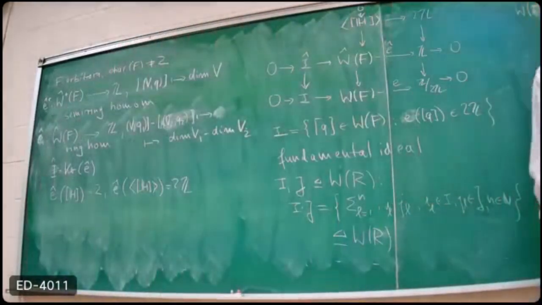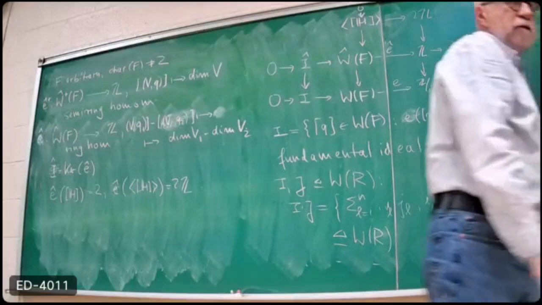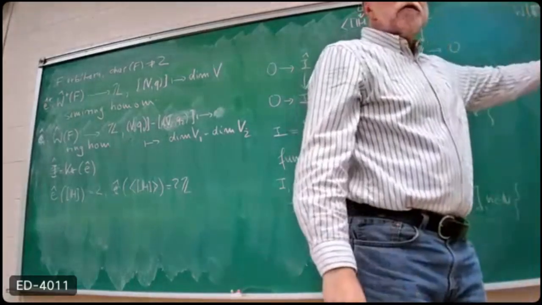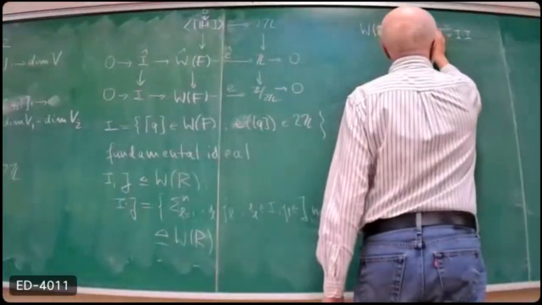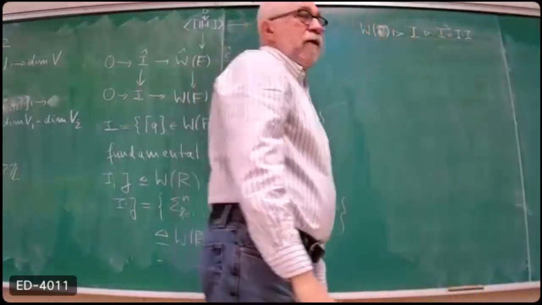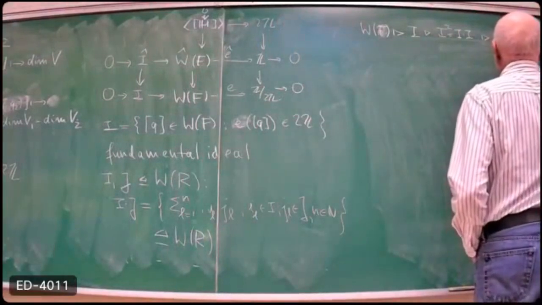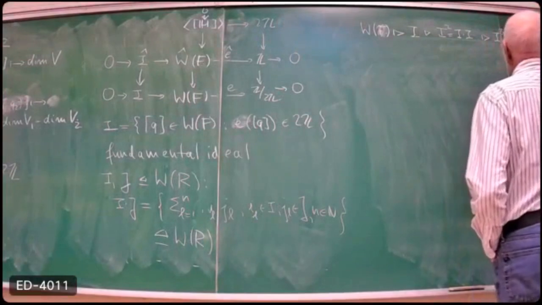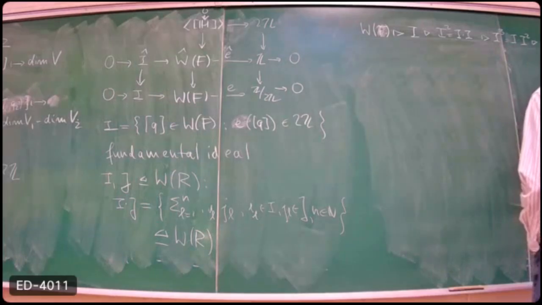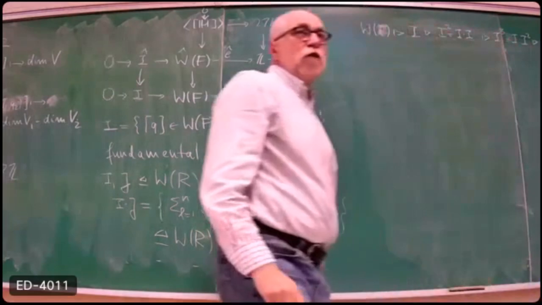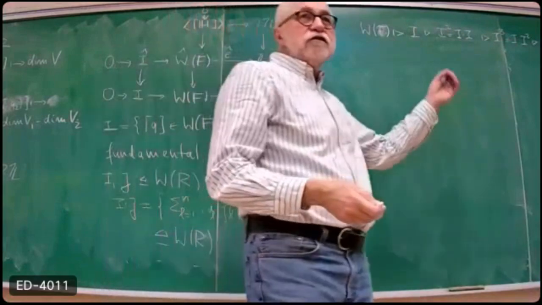And define I squared, which by definition is just I times I. So this is not the same as taking squares of the elements. And I can continue. I get I cubed, which is I times I squared, and I continue, I get I to the n, and so on. And there is no theorem which will tell you that this actually stops.